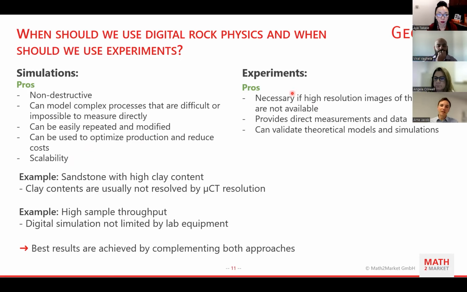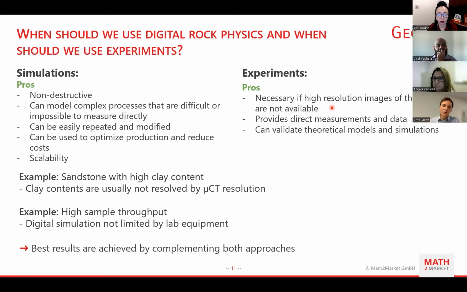Then the experiments have the pros that it may be necessary if you have no high resolution images available, like in the case of sandstones, which have a very high clay content, and you're not able to resolve them.